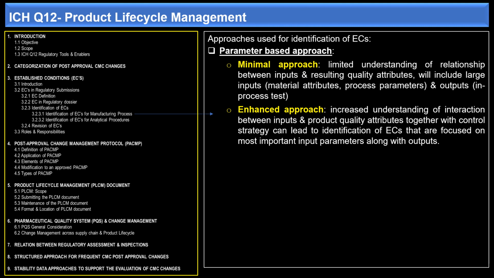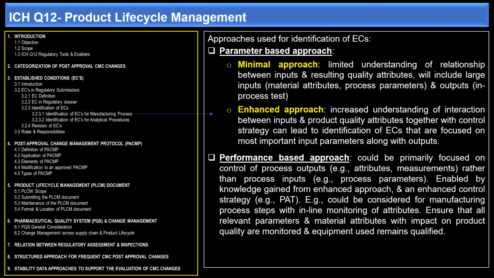So this will include a large number of inputs of the material attributes, process parameters, and outputs, that is, the in-process tests. Whereas in the enhanced approach, there's an increased understanding of interaction between inputs and product quality attributes together with a control strategy, and it can lead to identification of ECs that are focused on the most important input parameters along with output.